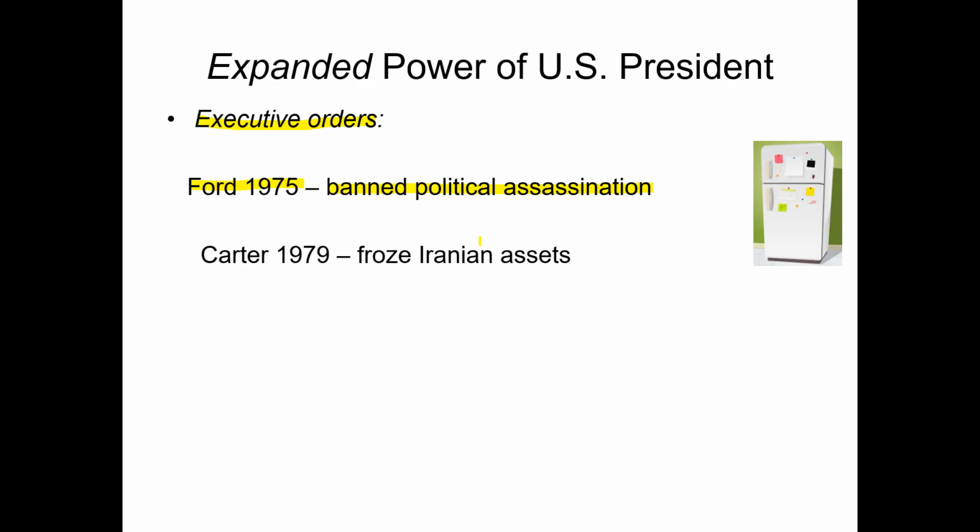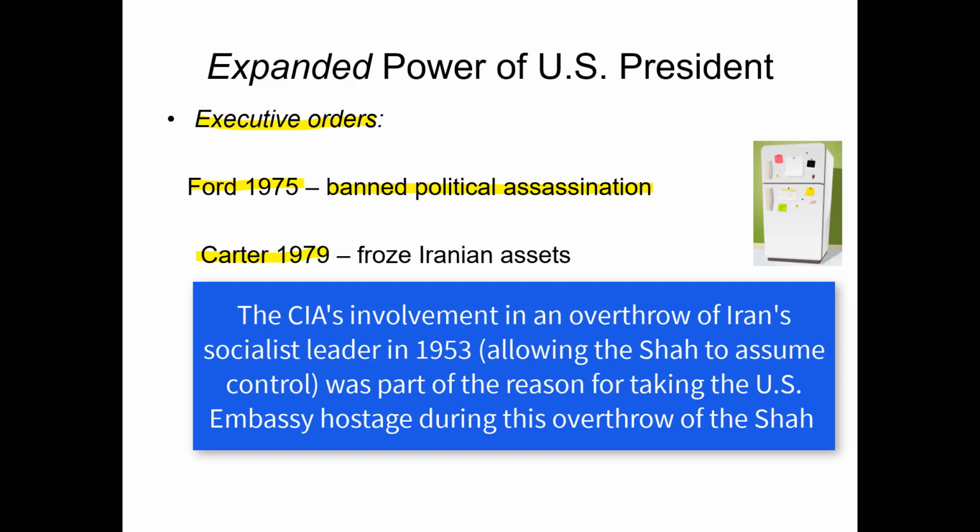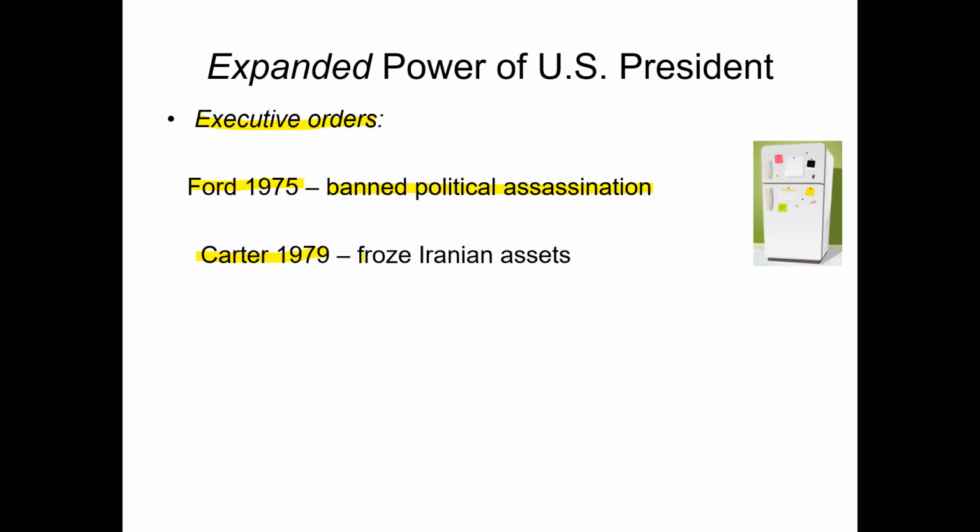In 1979, Jimmy Carter was dealing with the Iran hostage crisis, and one of the things that he did to try to get the new leadership of Iran to the table was to freeze the Iranian assets. So there was a lot of wealth that the new leadership in Iran could have accessed and tapped into or brought back home.